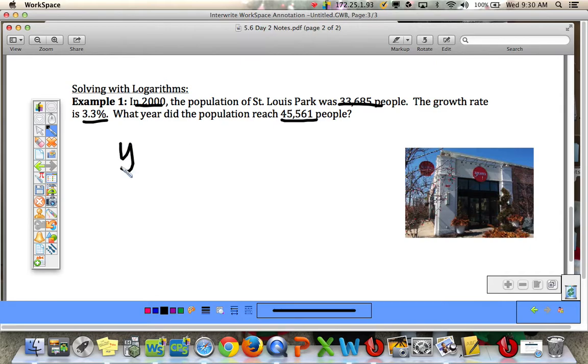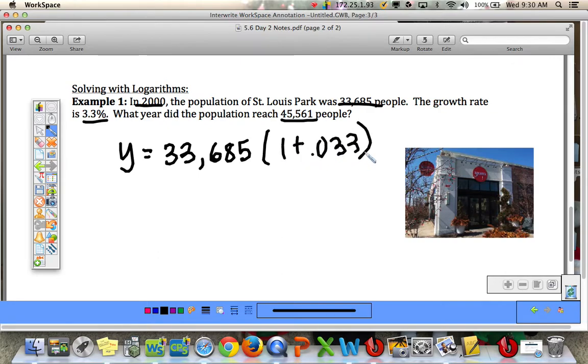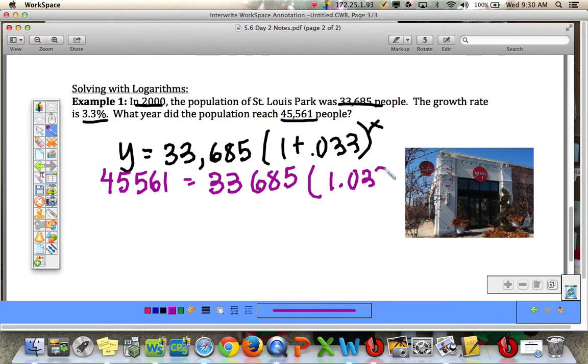Let's write an equation. So we have y equals our starting value. It's growing at 3.3% a year. When did the population reach 45,561? First step, get the base and the exponent by itself by dividing.